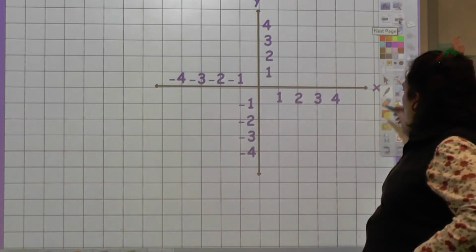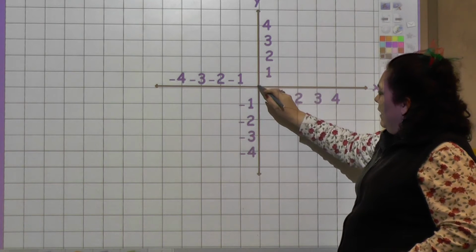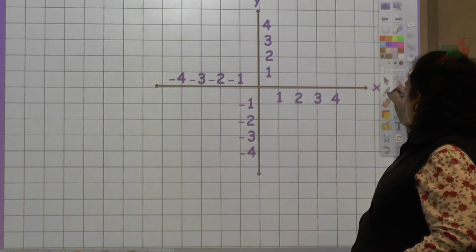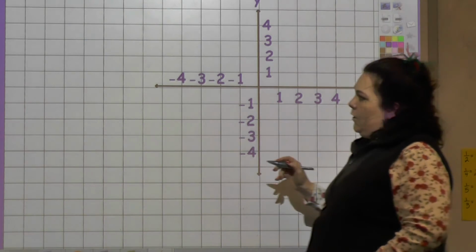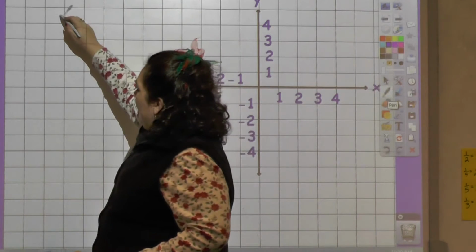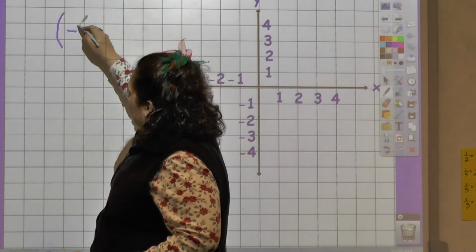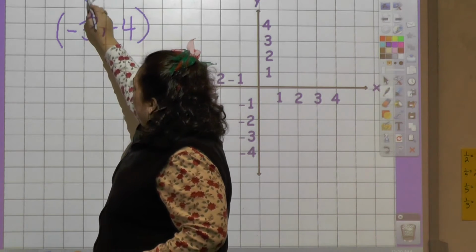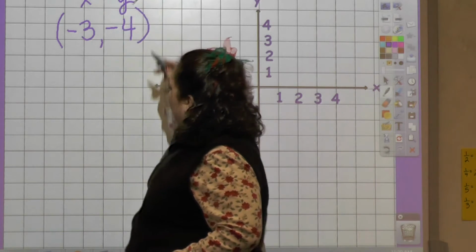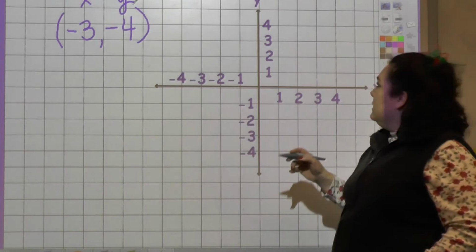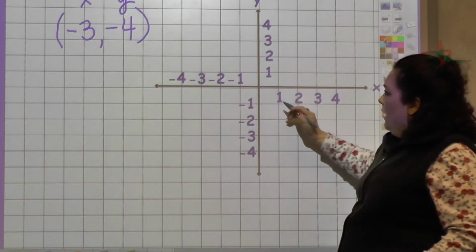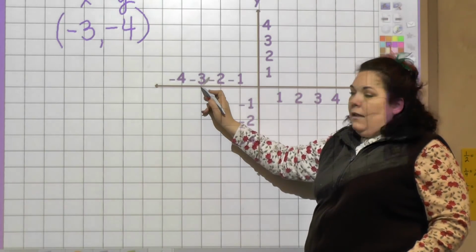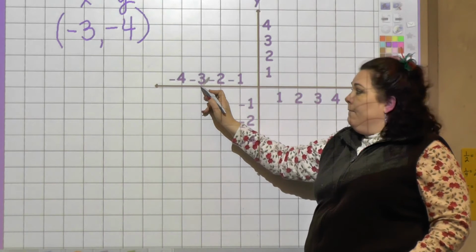So here's my coordinate plane, and we'll look at this. If I gave you the ordered pair -3, -4, this is my x and this is my y. My x is the horizontal, so I would go -3, and then y, -4.